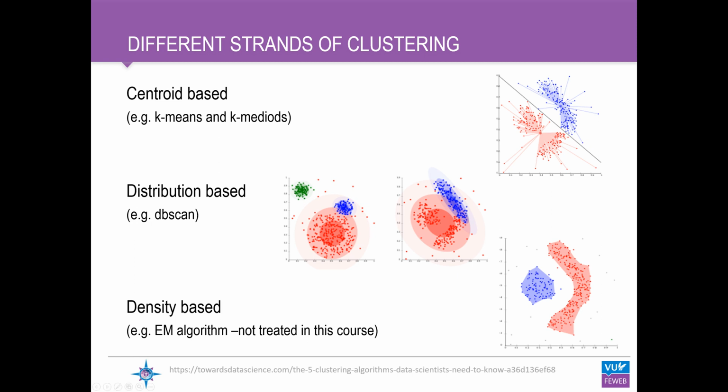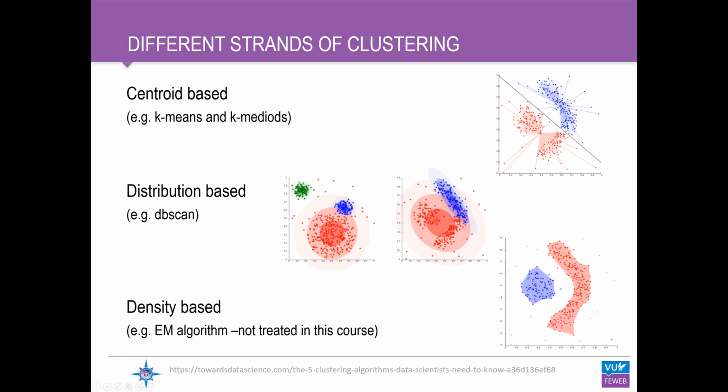Now the centroid base, this is a graphical depiction of this. You have 2 points and you calculate the distance of all the points to that point. With the distribution base, you don't address one point like the centroid of the cluster, but you group these objects together based on how close they lie together.